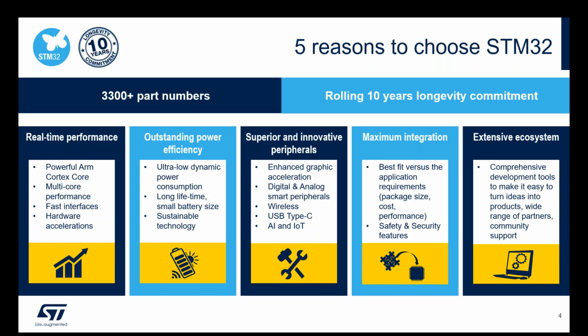Our superior and innovative peripherals, maximum integration, and the last and very important point is the extensive ecosystem we are bringing. This is our silicon, but on top of it we provide an extensive ecosystem, making it very easy and fast for anyone to get started on STM32 microcontrollers and microprocessors.